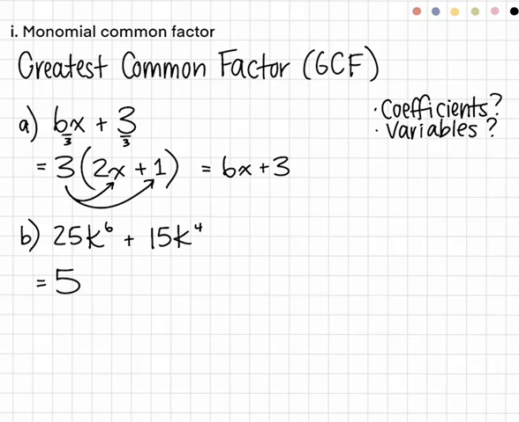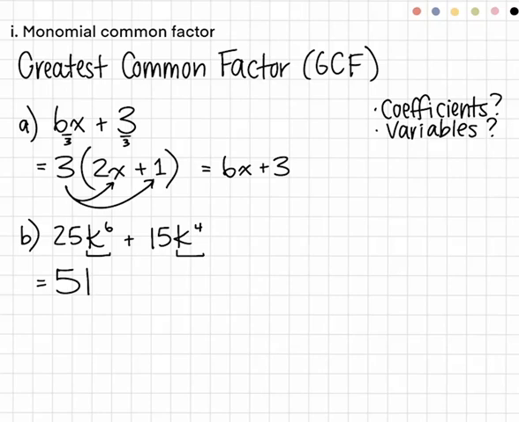Now, I also have to look at my variables. Is there a greatest common factor amongst my variables? It doesn't work the same way as it does with coefficients. When you're looking at your variables, you want to ask yourself, what do both of them have the same amount of? So I know that I have 6 k's over here and I have 4 k's over here.